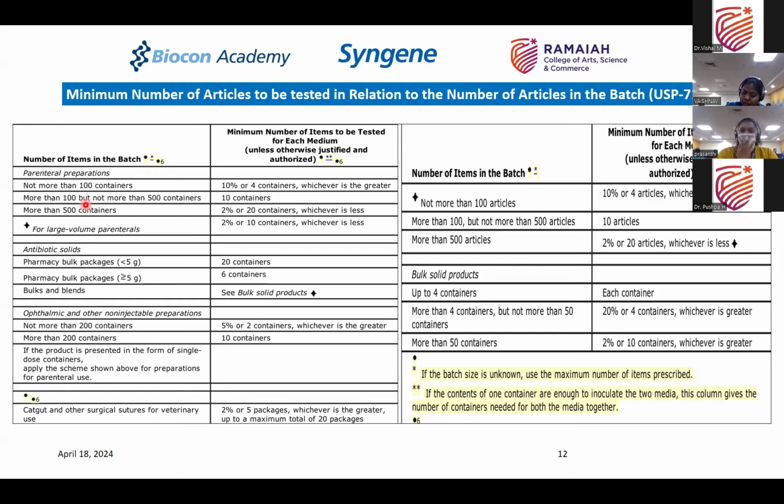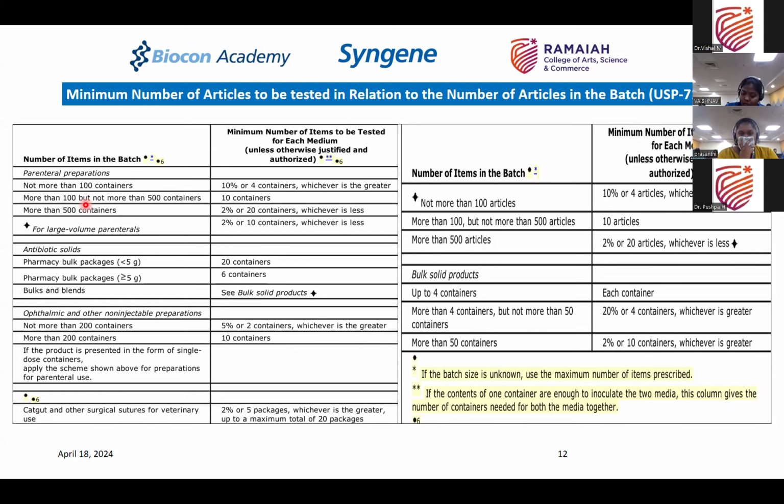Likewise, antibiotic solutions and pharmaceutical bulk packages are also given. If it is more than 5 grams, 20 containers; less than that, 6 containers; and bulk blends. So there is a standard for the number of samples to be taken for analysis.